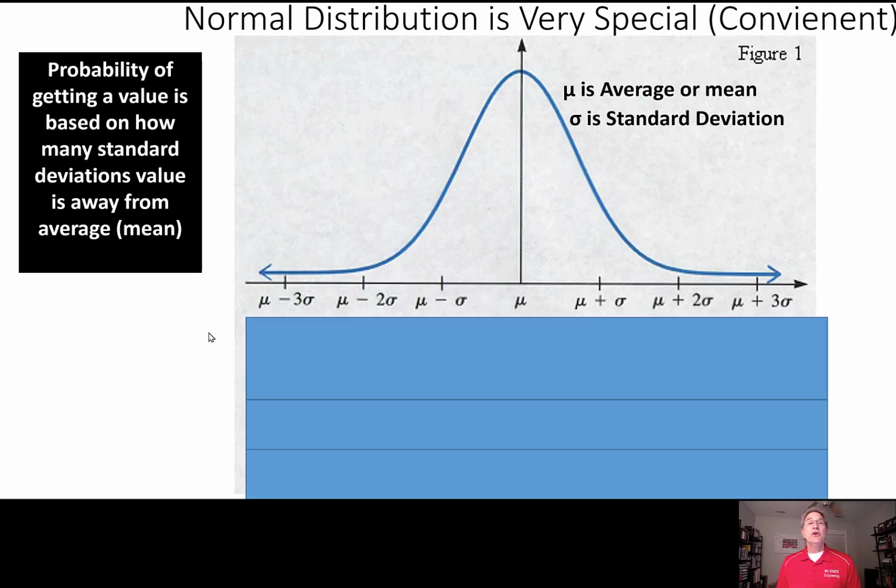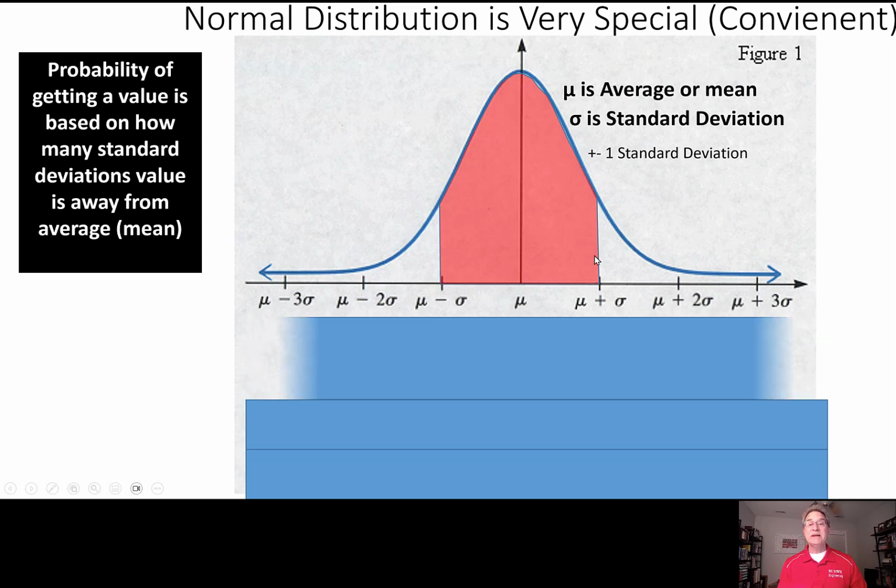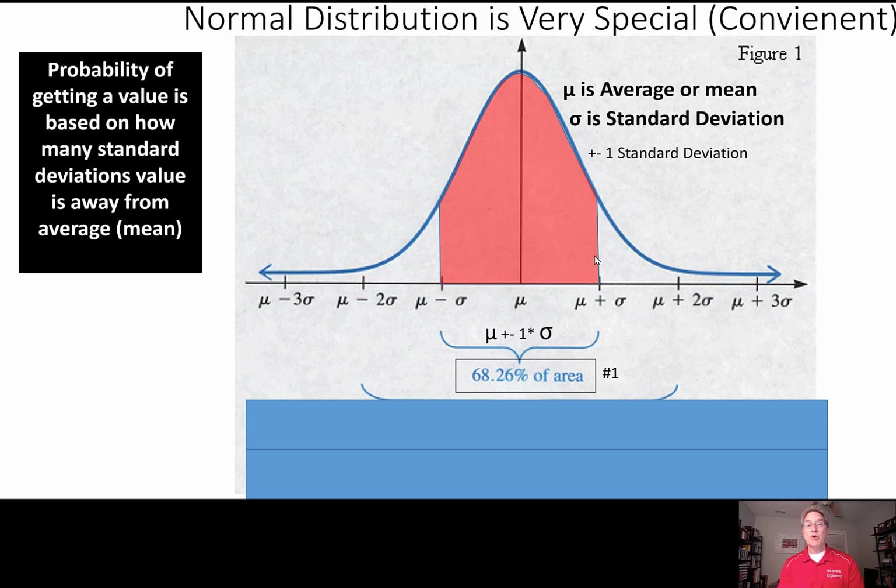Okay, now the normal is really special. It's convenient because the probability of getting a value is based upon how many standard deviations the value is away from the average. And that makes it really convenient. So for example, plus or minus 1 standard deviation. If our value number 1 and value number 2 are 1 below the mean, 1 above the mean, 68.26% of the time, values will fall in there.